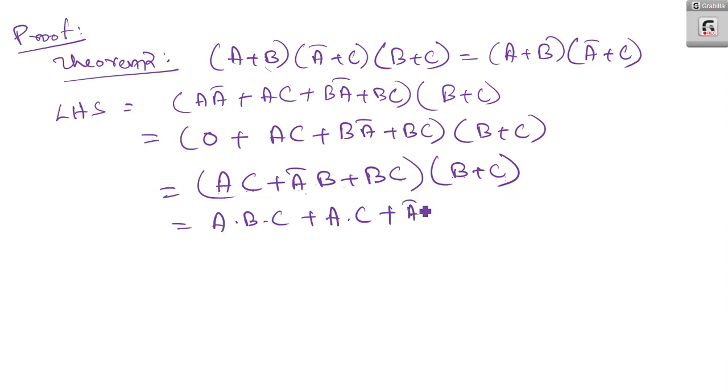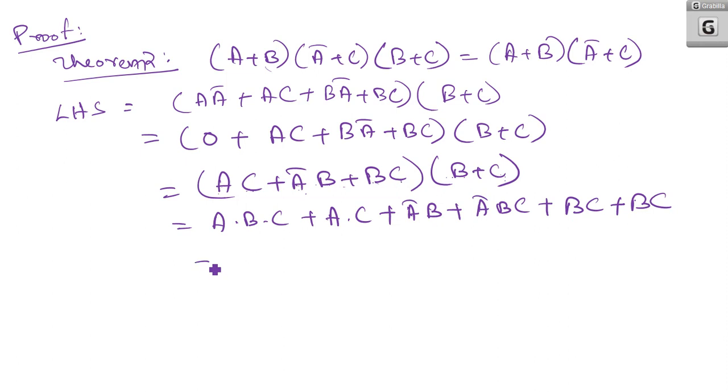That is A bar B, or A bar B C, or BC dot B. BC dot B, that means you will get B dot B, which is B itself. So the answer is BC there, or BC dot C. 0 C is C itself. So here we get BC.